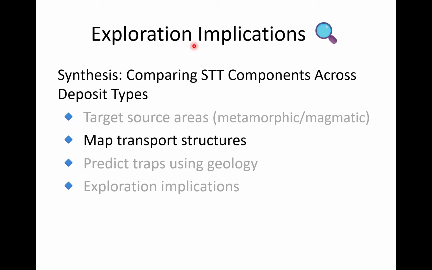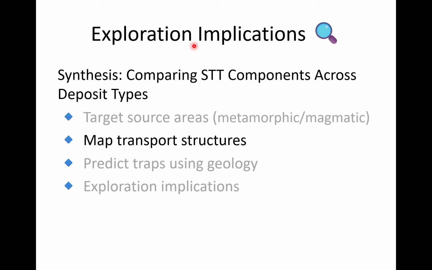And they travel along major shear zones. Transport durations might be prolonged, for example, millions of years of episodic flow during an orogeny, and occur at between 250 to 400 degrees C.